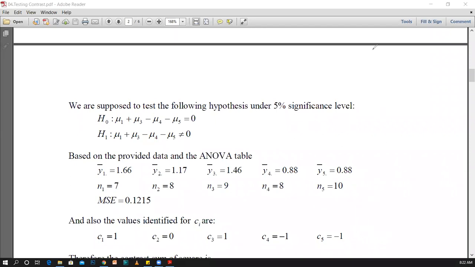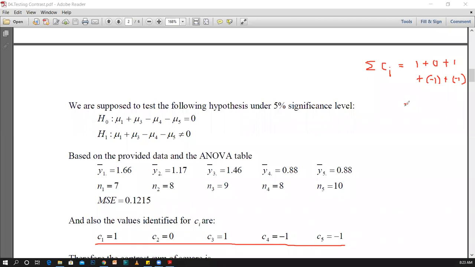Now if you need, you can check whether this is a valid contrast. To check this, you have to identify the value of the summation of Ci. You can take this as 1 plus 0 plus 1, then minus 1 and minus 1. You have to add these values together.